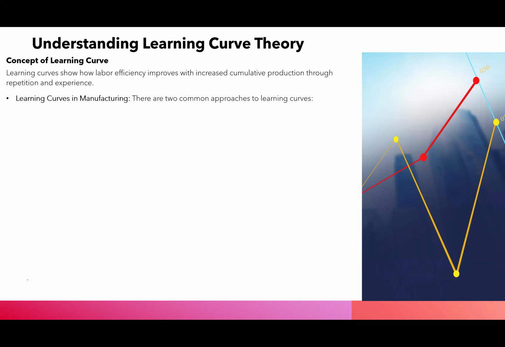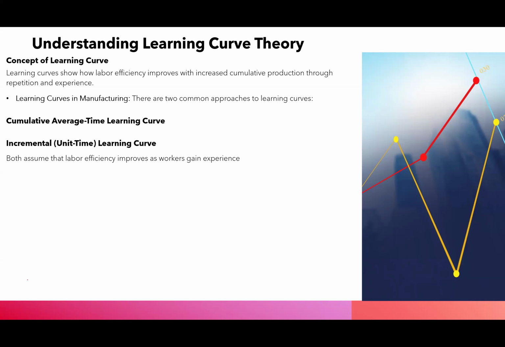There are two main approaches to learning curves. One is called the cumulative average learning curve. This school of thought believes that people learn slowly over time, on average. The incremental learning curve, on the other hand, believes that people are learning very sharply, which means every time they make a second unit, the time taken has reduced by a certain percentage from the first unit. They both assume labor efficiency improves, but their rate of efficiency assumptions are different.